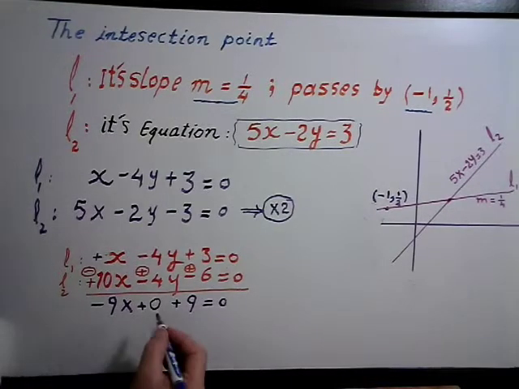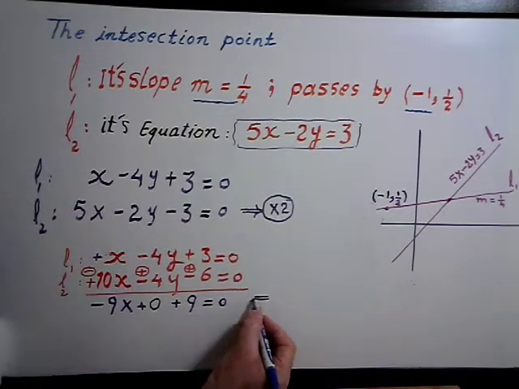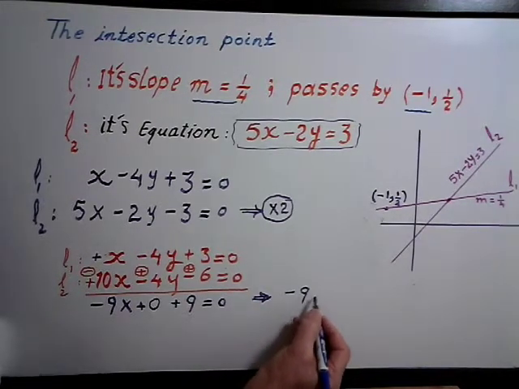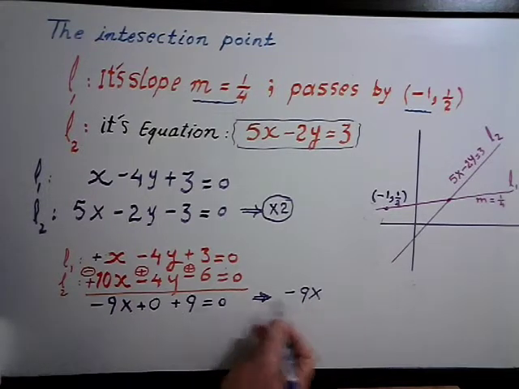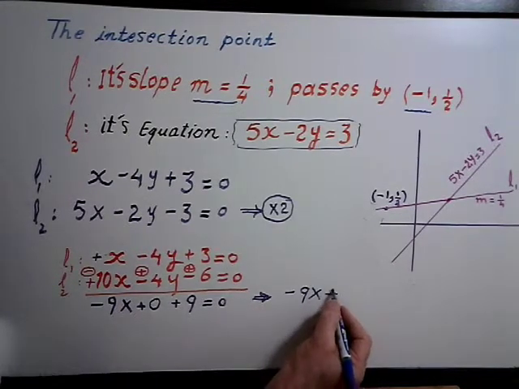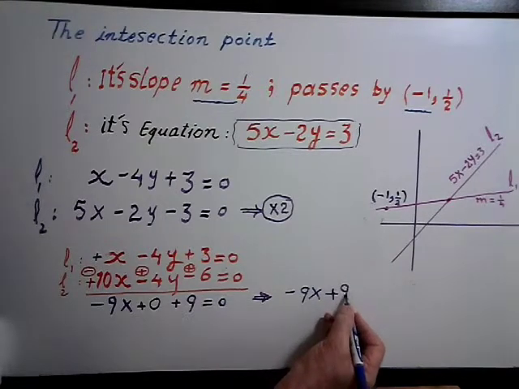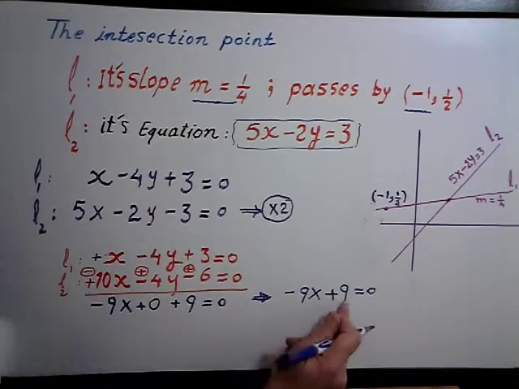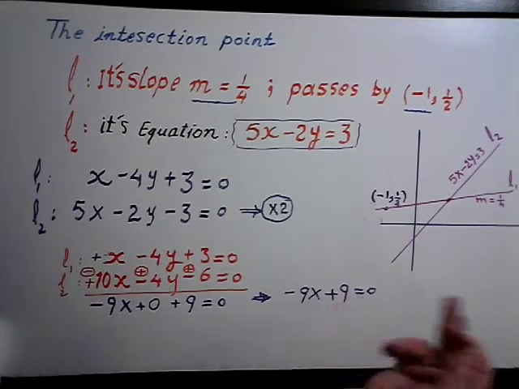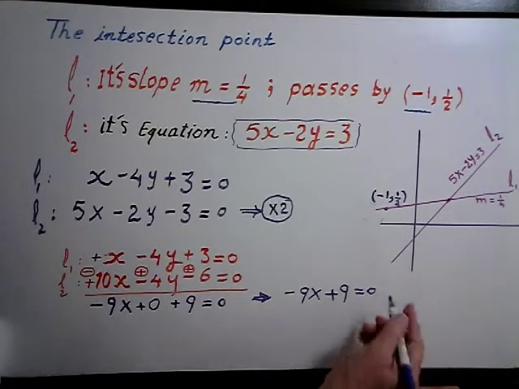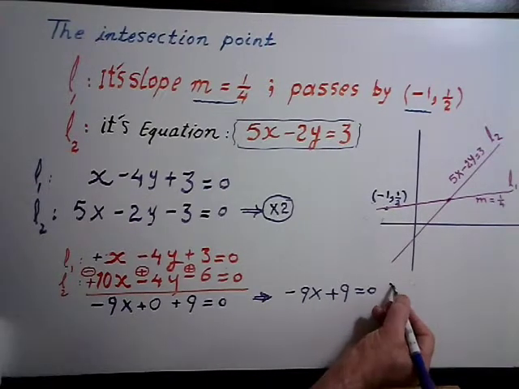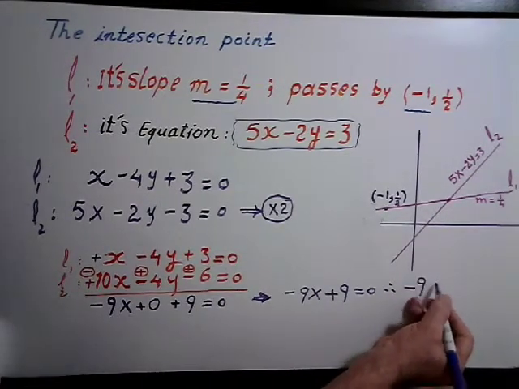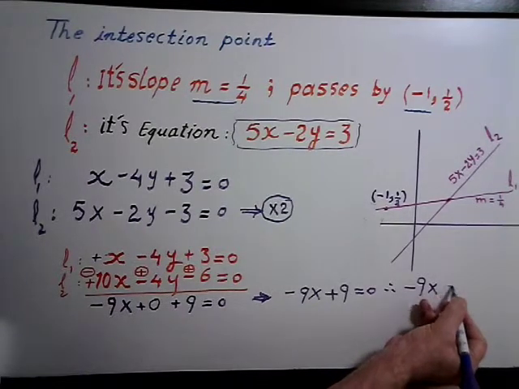So this means negative x, negative 9x plus 9 is equal to 0. Move this positive 9 to the other side, it will be negative 9. So negative 9x is equal to negative 9.